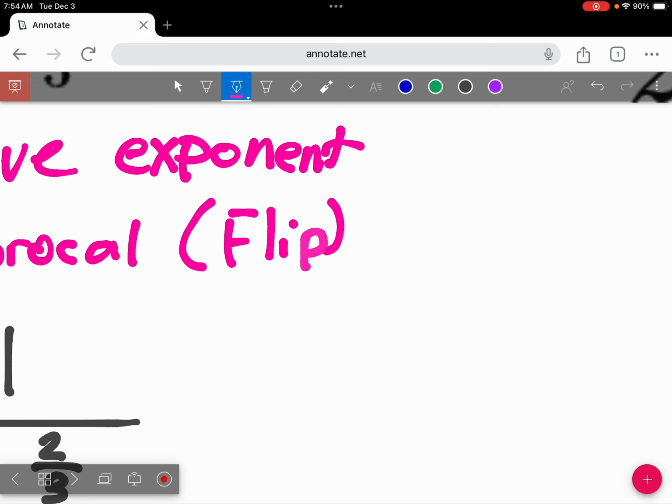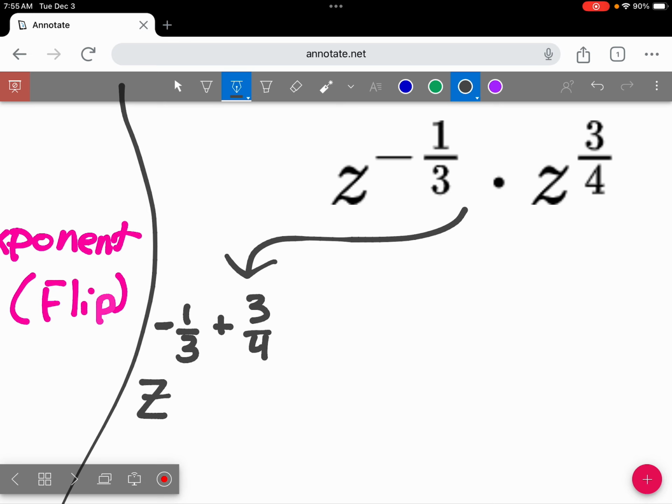Option A, do exactly like we did at the beginning: z to the negative 1/3 plus 3/4. Multiplying the bases means we add our exponents. What is negative 1/3 plus 3/4?